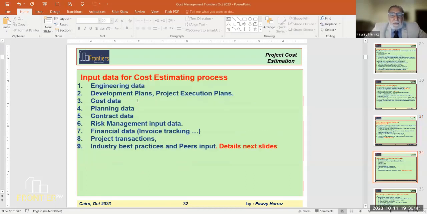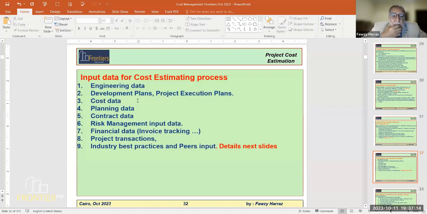Input data for cost estimating. We have engineering data, quantities and specifications, drawings. We have development plans, project execution plans. Of course, the plans and the way we are executing the job: are we doing it with our resources or are we using outside contractors? All this has input into the cost data, planning data, as we said before.